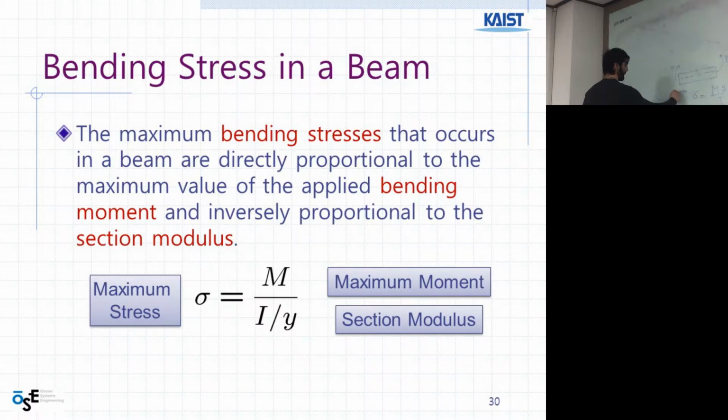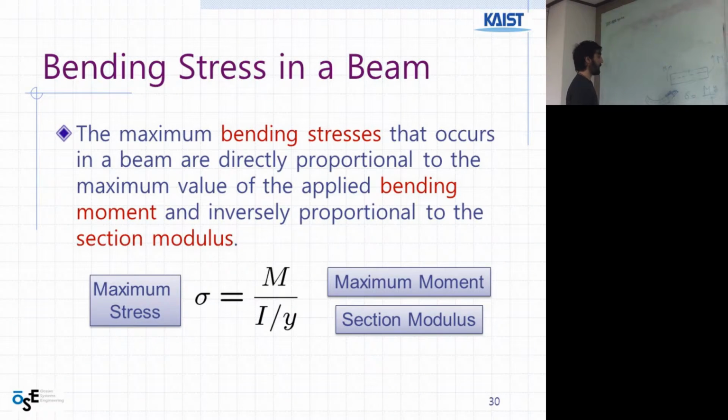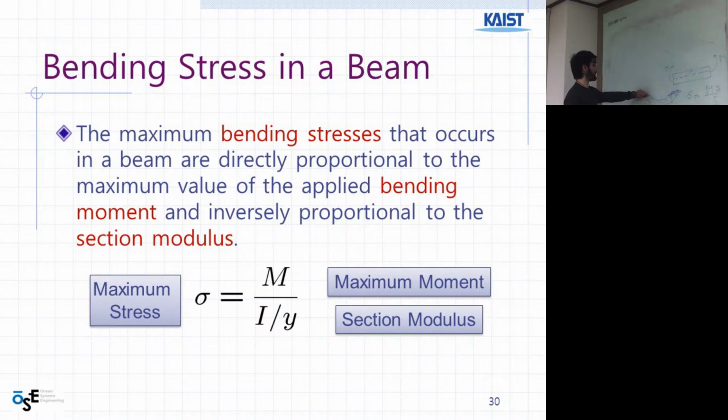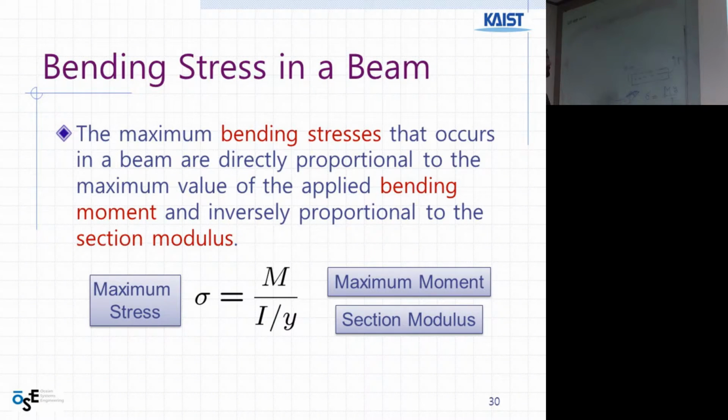So we can see that the stress depends on the vertical distance from the neutral axis. So we can deduce that the maximum stress can be obtained by using the distance equal to half of the height, from the neutral axis to the top or to the bottom.